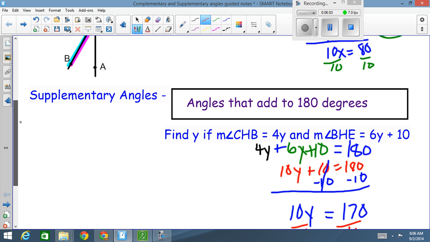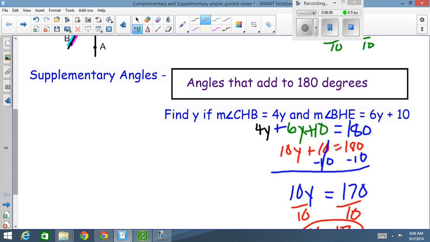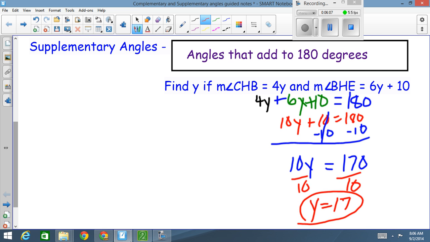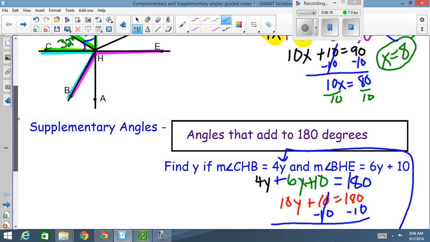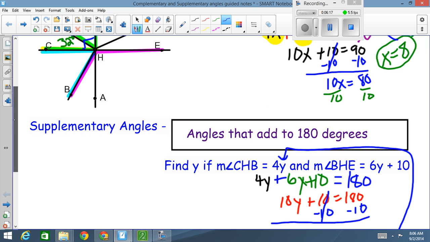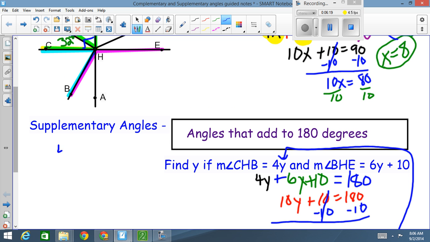Okay, well let's check and see if this is going to work now. If I take this 17 and plug it back in, right here, that should give me the size of angle CHB. So 4 times 17, well 2 times 17 is 34, 34 times 2 is 68. So this is a 68 degree angle here.